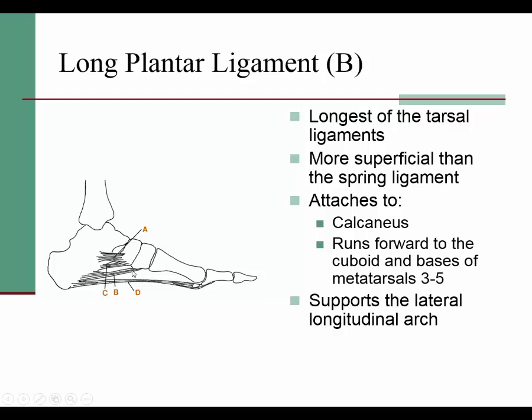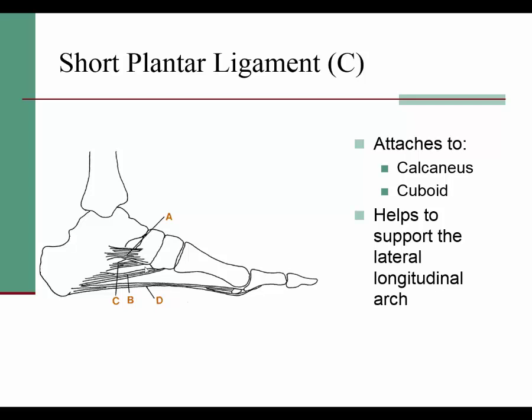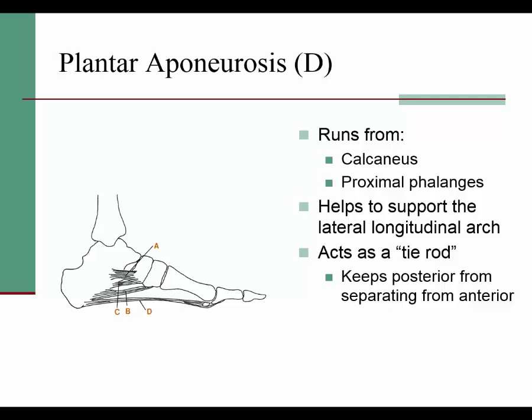The short plantar ligament attaches to the calcaneus and to the cuboid. It helps to support the lateral longitudinal arch. And then the fascia runs from the calcaneus to the proximal phalanges. It helps to support the arch, and it acts as a tie rod. Basically, it keeps the posterior from separating from the anterior.